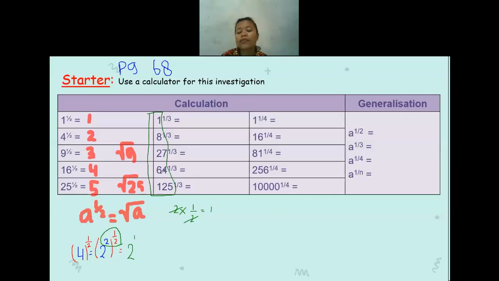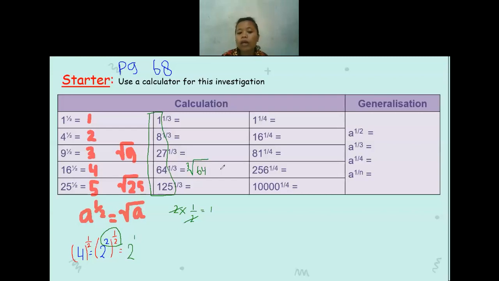So later, if we have 64 to the power of 1 per 3, you can do two things. You can take the cube root of 64, because whenever you have x to the power of 3, it is the same thing as taking the cube root of the number. So the cube root of 64, the answer will be equal to 4.